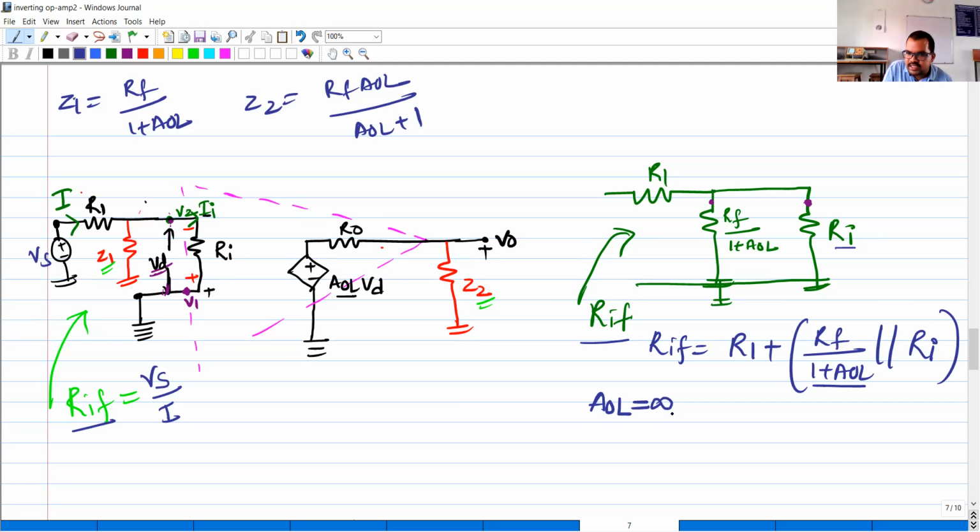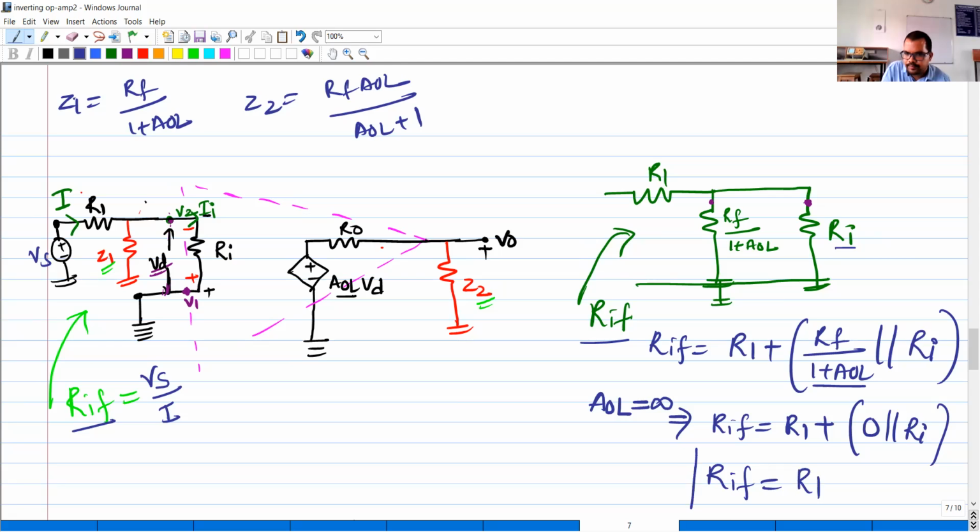So here, AOL is infinite, and because of that, RIF is equal to R1 plus 0 parallel with Ri. Here RIF is equal to R1. So the feedback input resistance of the inverting operational amplifier is equal to R1.